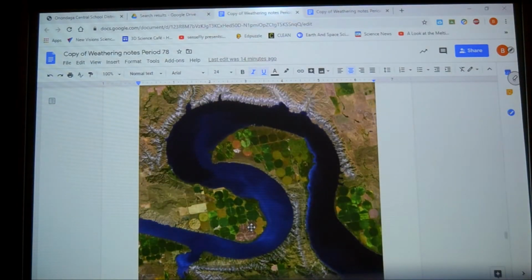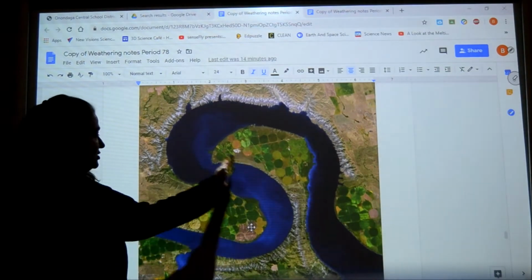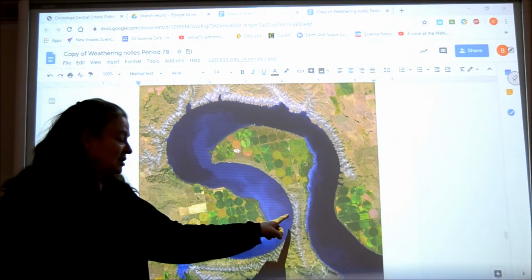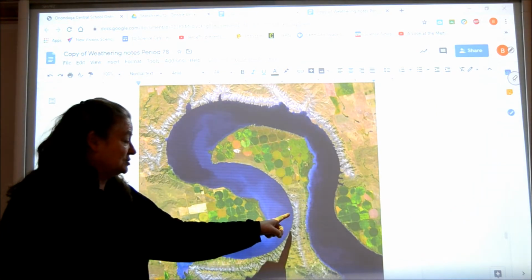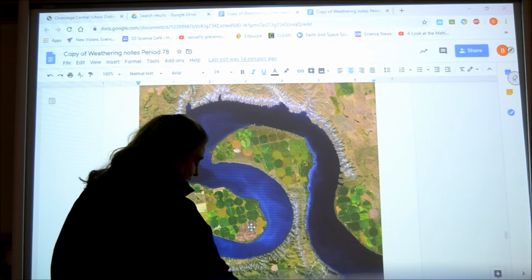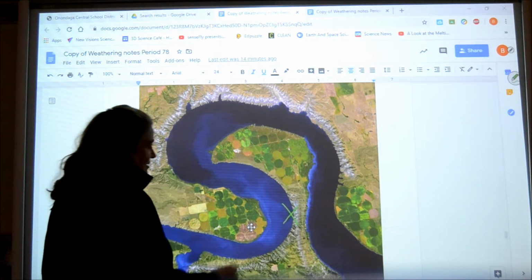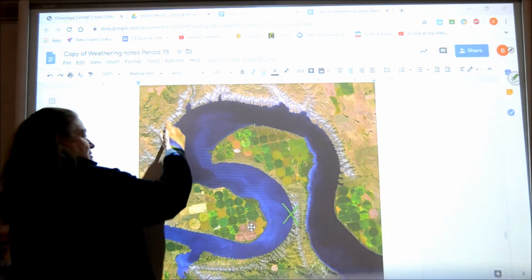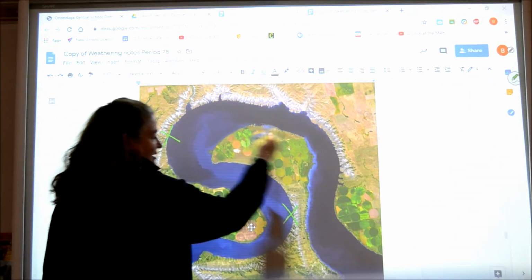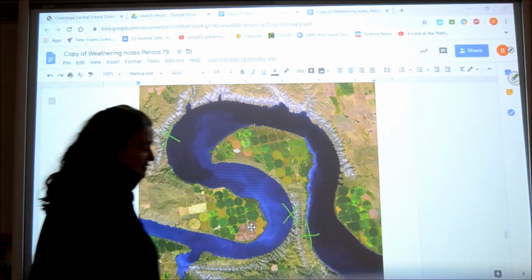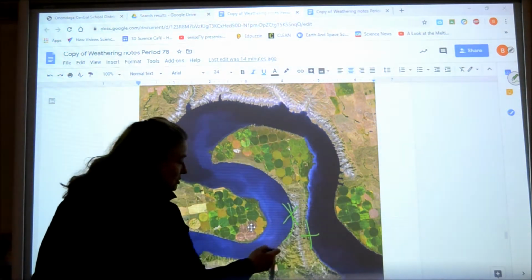If I look at this diagram of a meandering stream, remember, the outside of the meander, it's moving faster. It's going to erode. This is an outside. Whoops. So this is an outside. This is an inside. Outside, inside. Outside, inside. So I got two outsides. They're going to erode towards each other.